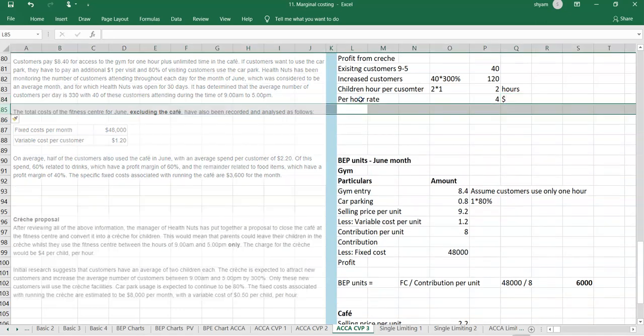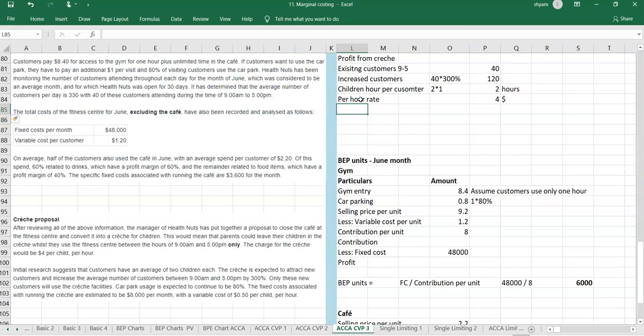So, income from Creech, or we can put sales. Sales from Creech would be this.